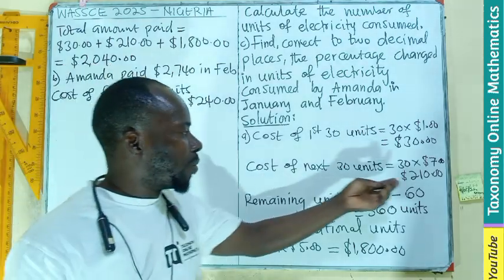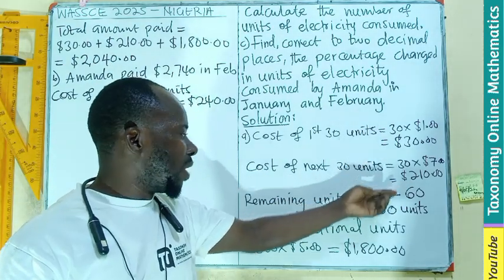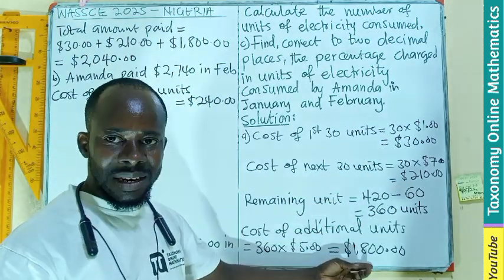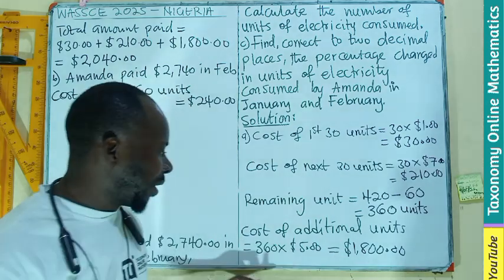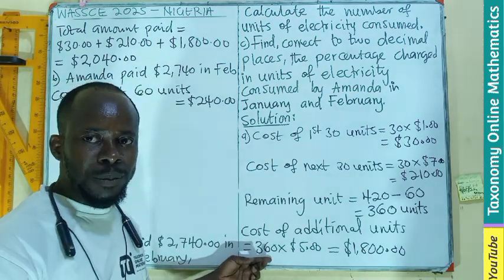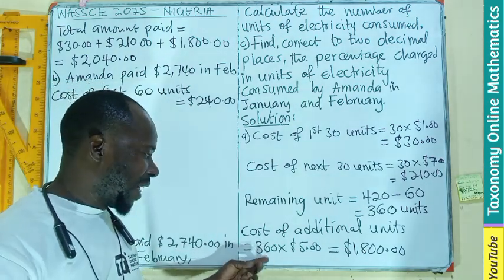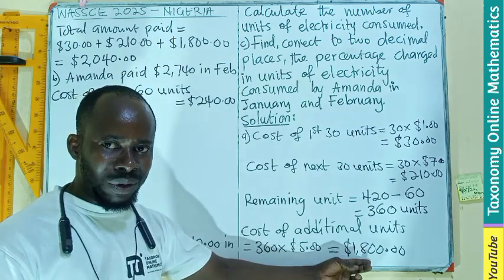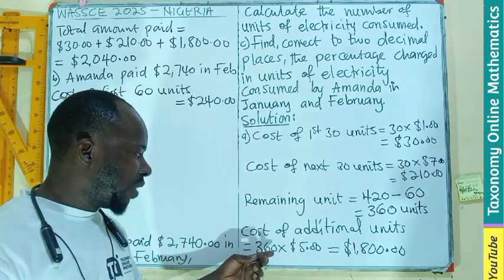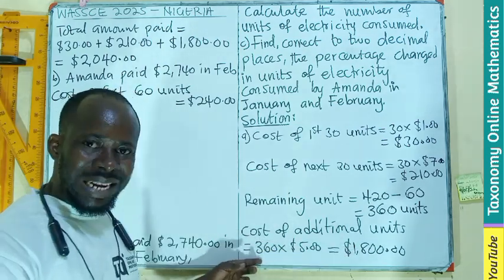Now remember, if this and this are used, the remaining amount will be calculated at a particular unit cost. So I am going to divide by 5 to get the units.